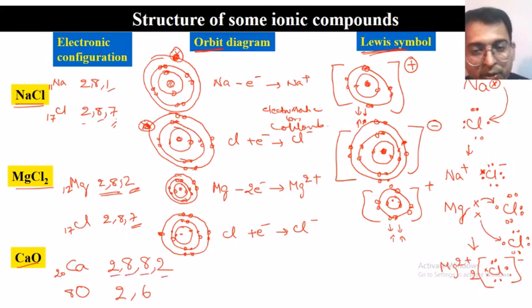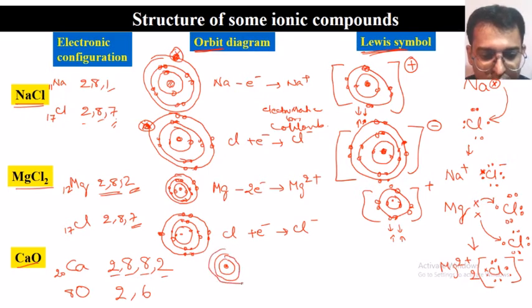Please practice these things at home. It's very easy, but if you practice it, then it is easy for you. So we have how many orbits? We have 4 orbits. So nucleus, 1, 2, 3. Please pardon, the diagram is not so clean. So 1, 2, 3, 4.